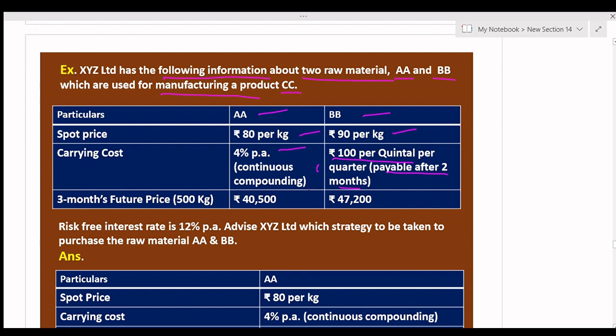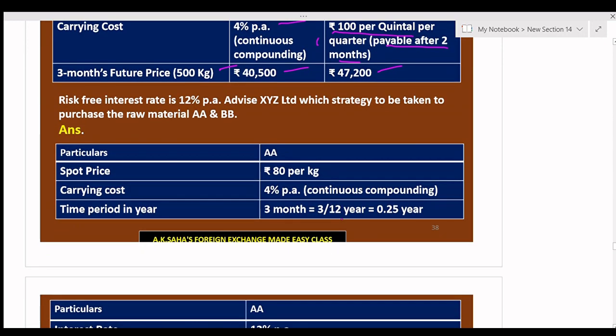The 3 months future price, the lot size is 500 kg, is given as 40,500 for AA and 47,200 for BB. Risk-free interest rate is 12% per annum. Advise XYZ Limited which strategy is to be taken to purchase the raw materials AA and BB.